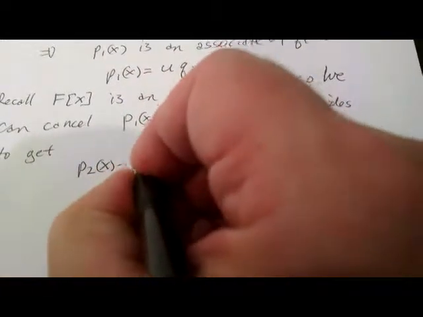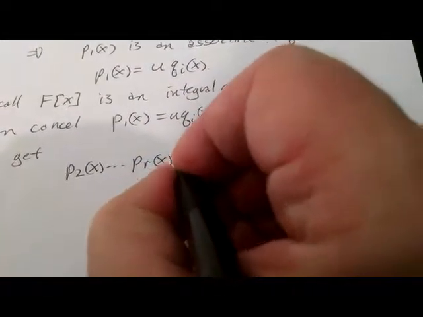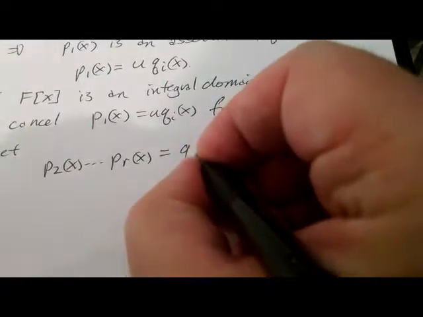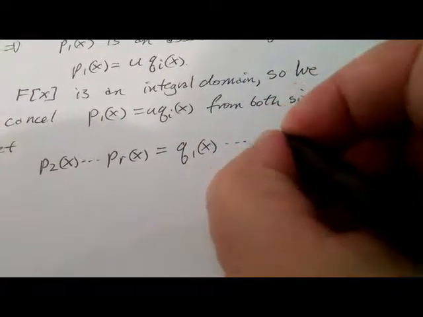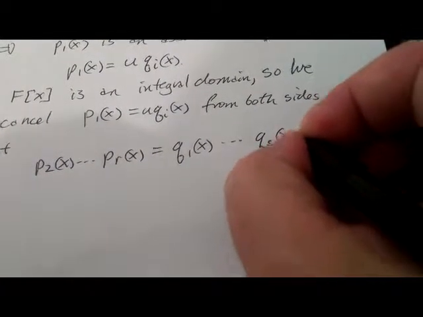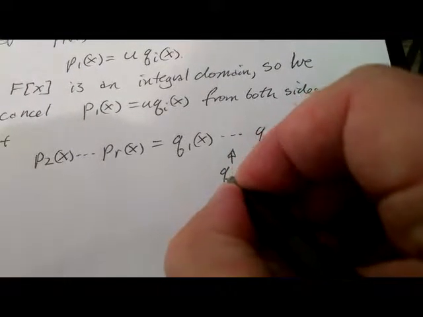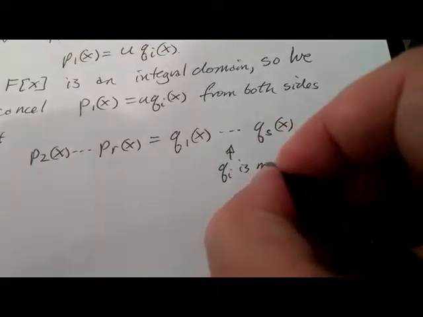To get, say, P2 of x up to PR of x is equal to Q1 of x up to Qs of x, where the Qi is missing.